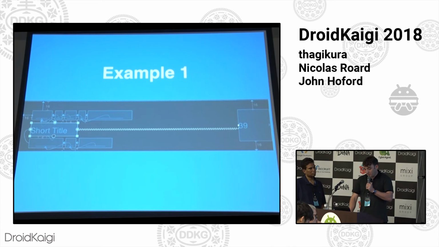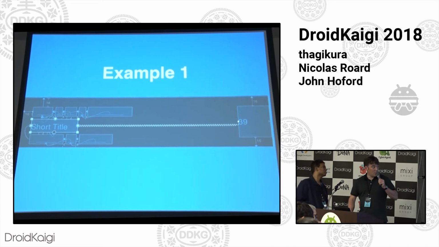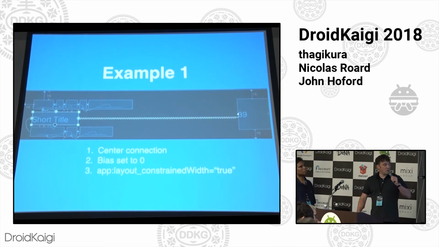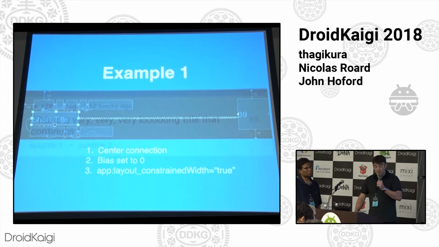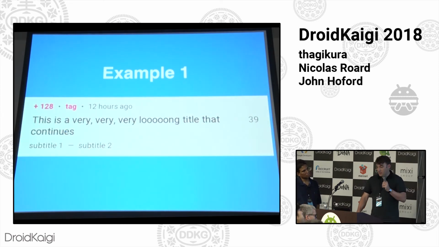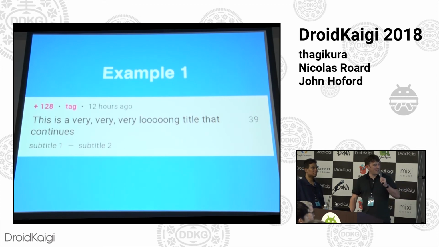If you do that, everything will work with one little thing. You also need to add constraint width equal true, so that we'll make sure to respect the constraint in that case. And then everything will correctly wrap. So it's a pretty common use case, and that's kind of the thing with constraint layout. You have a lot of possibilities on how to combine all those different features, and some of them, yeah, are not as intuitive.